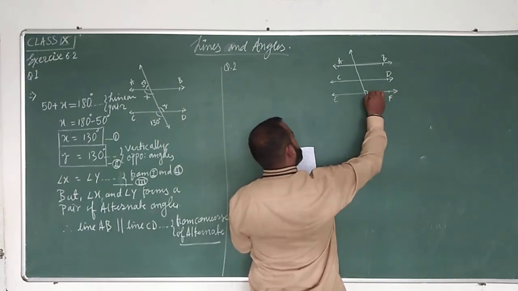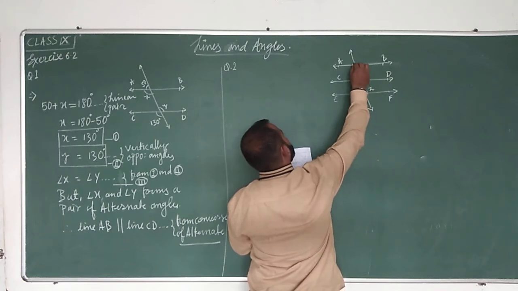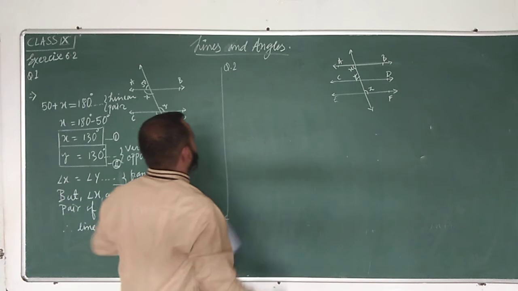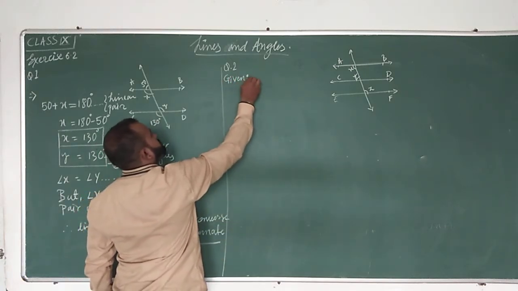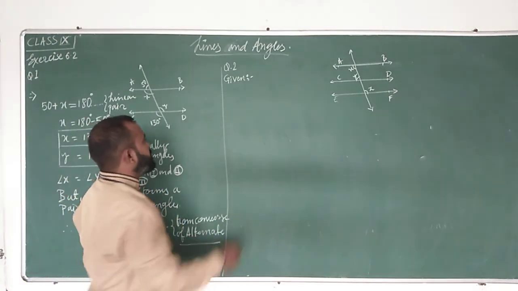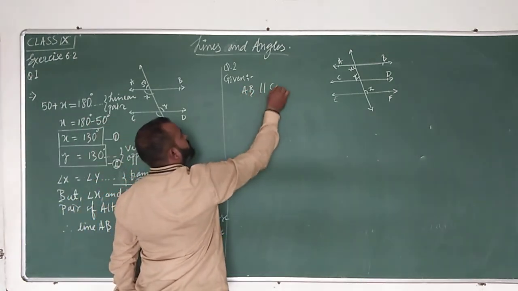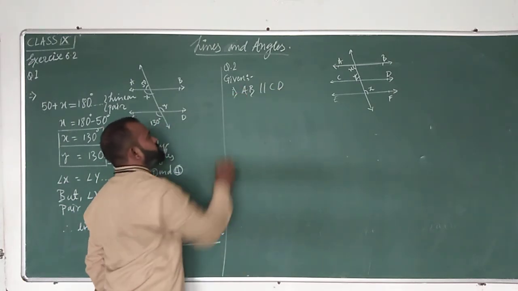Here Z, Y and X. What is given to us? AB is parallel to CD, number 1.